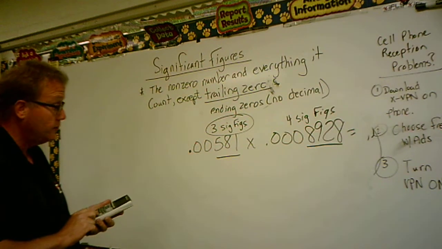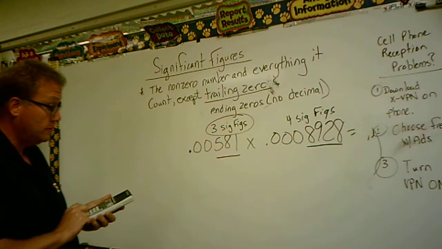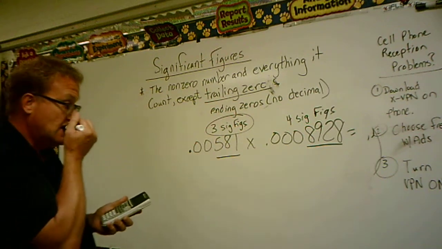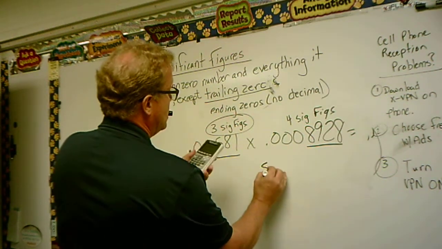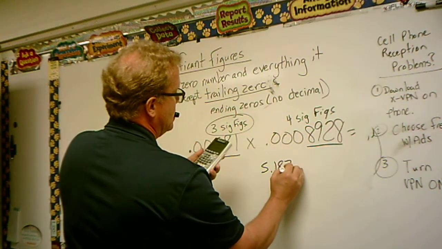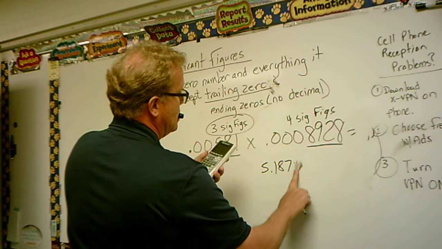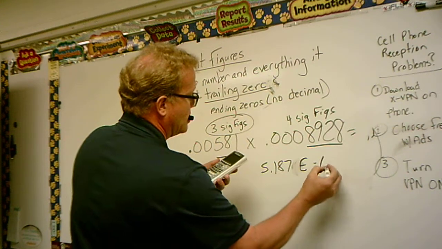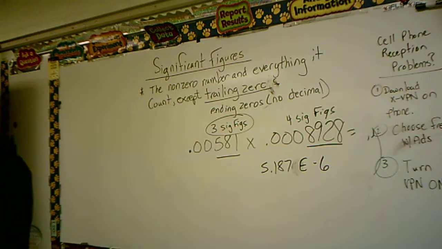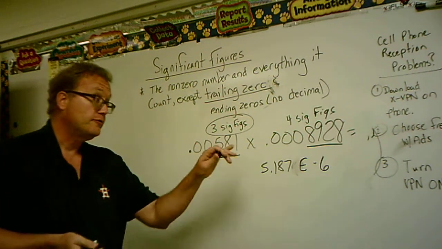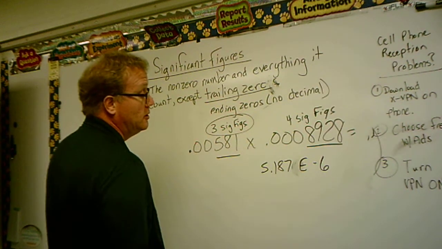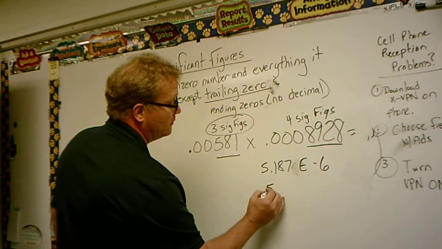So we go 0.00581 times 0.0008928. Now the calculator I use is looking like this. That is also how you have to enter it in the calculator, the ones we use. But this also means this.